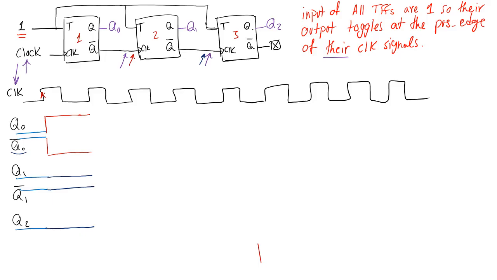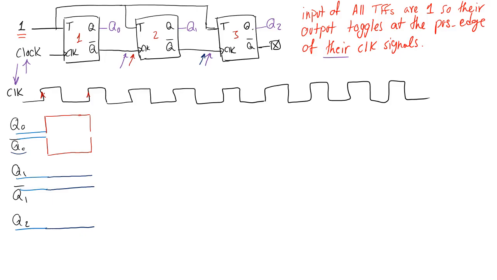Great. What's going to happen at the next positive edge of the clock? Well, at the next positive edge of the clock, Q0 is going to come back to 0, right? And that means that the Q0 bar is going to go to 1. Well, this means that it looks like Q0 is going to basically toggle, and we know that, right?